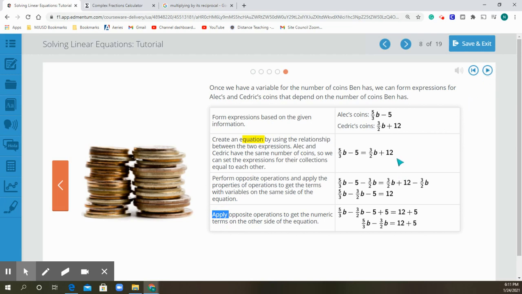But essentially what we're doing is the exact same steps from the last one, but instead of breaking it down on the example, step A, step B, making the expressions, then making the expressions into an equation, then getting the variable on the left-hand side of the equation. And then we get the numeric values on the right-hand side of the equation.